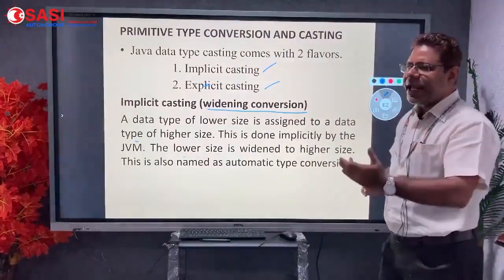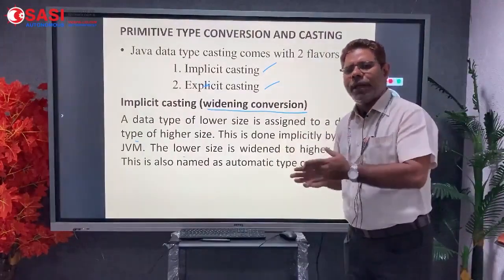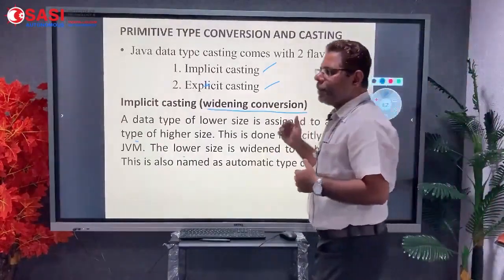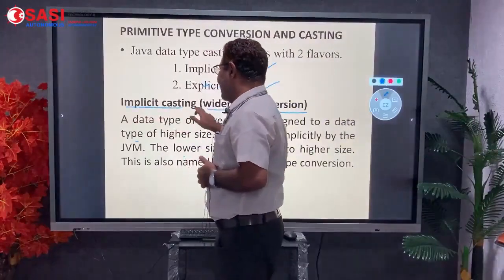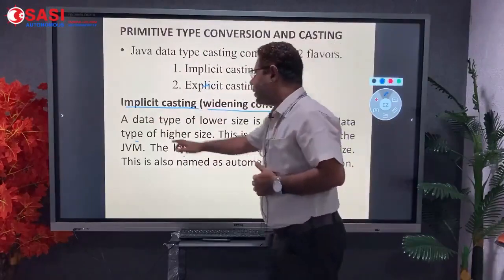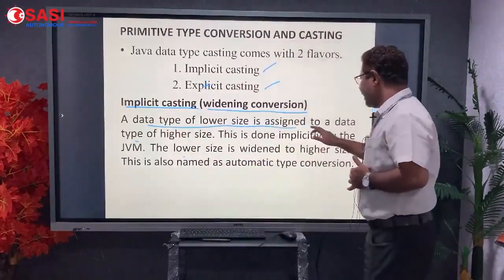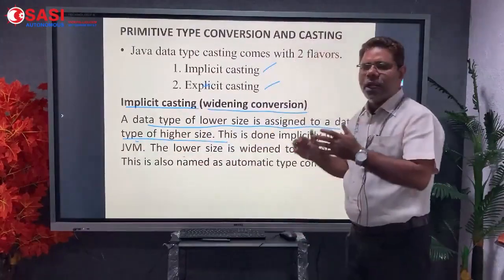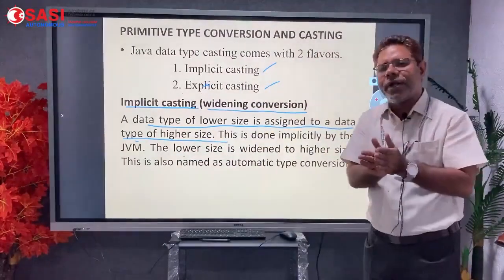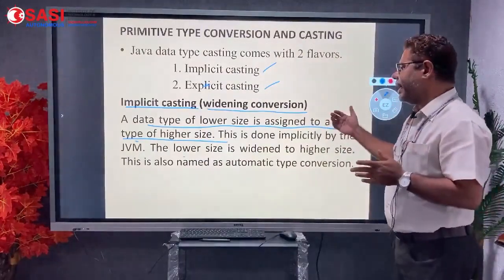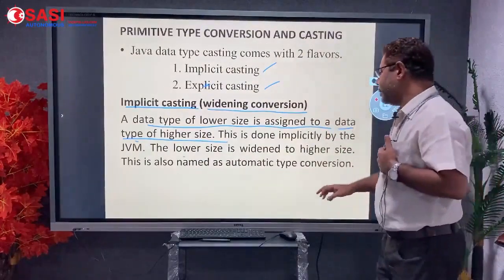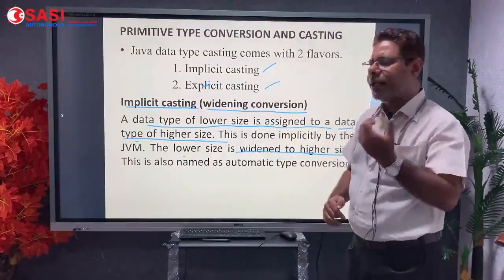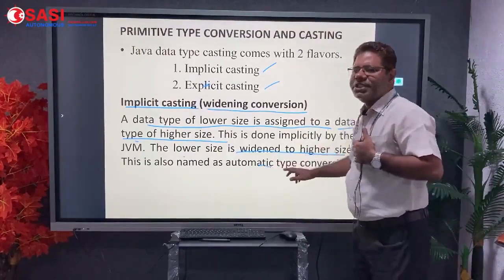If the data types are compatible, then Java will automatically perform typecasting. That means a data type of lower size is assigned to a data type of higher size. The lower size is easily converted into the higher size data type, so this is called a widening conversion, and this process is done automatically in Java.